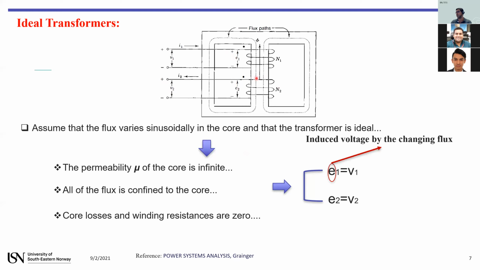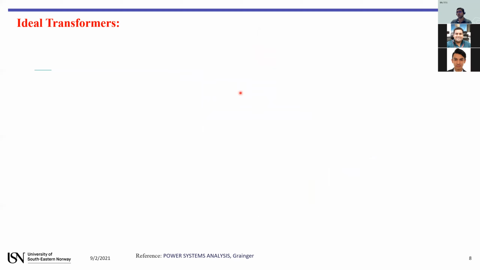E1 is the induced voltage. By changing the flux, when you have the flux here, the voltage is induced here. And V1 is the terminal voltage. Usually we call it terminal voltage. But E1 and E2 are induced voltages.